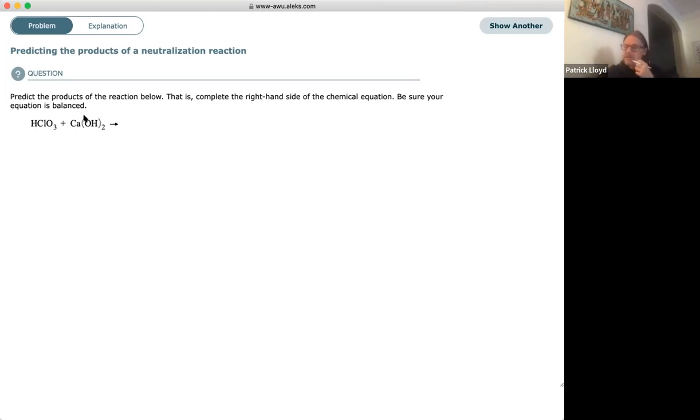Now very often this is how we deal with acid-base reactions. Let me show you right here. We think of these acid-base reactions as what we call double displacement.